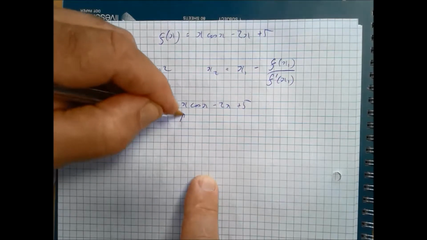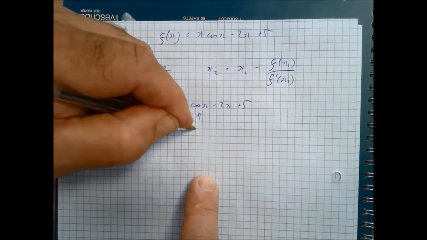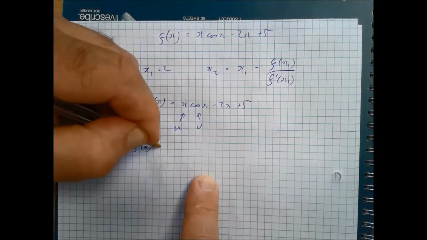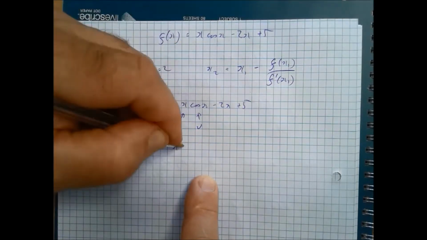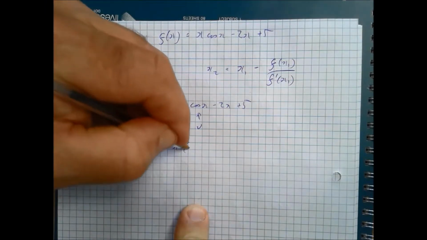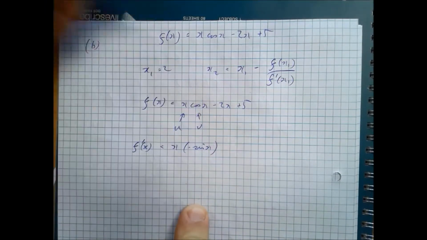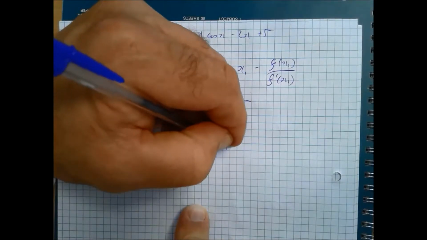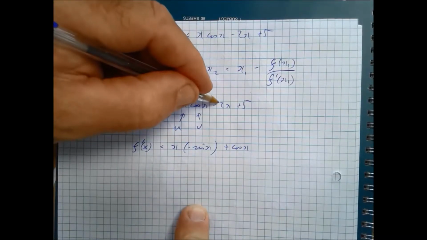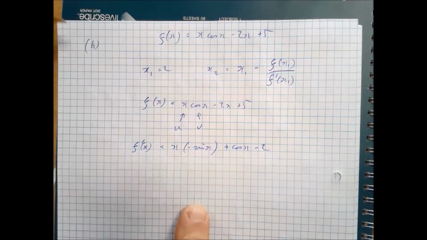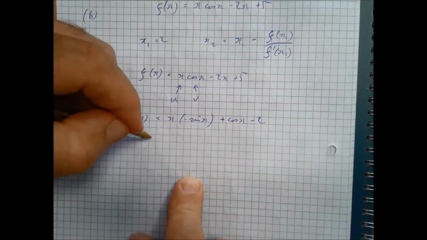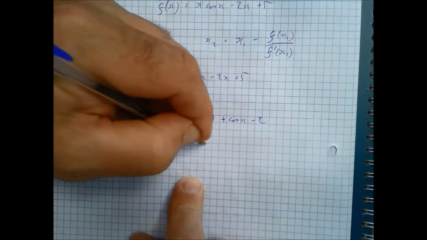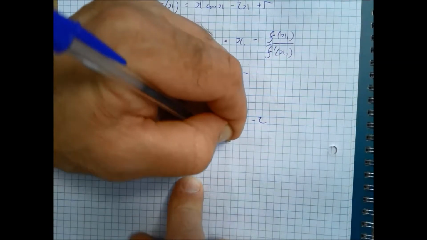That's a product, u and v, so f dash x equals x times the derivative of cos x, which is minus sine x, plus cos x times the derivative of x, which is 1, so that's just plus cos x, minus the derivative of 2x, which is minus 2. And to tidy that up, equals cos x minus x sine x minus 2.